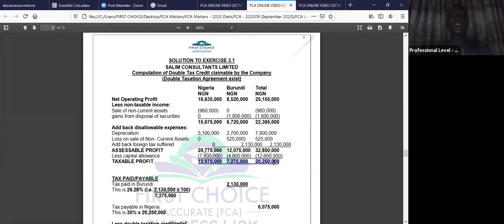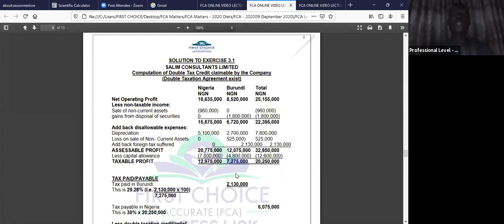So this is the 100% taxable profit. As at this point here, tax has not been paid, so to speak. So let us find out the percentage of tax that you paid when you paid this 2,130,000. So you simply say 2,130,000 divided by 7,275,000 multiplied by 100.